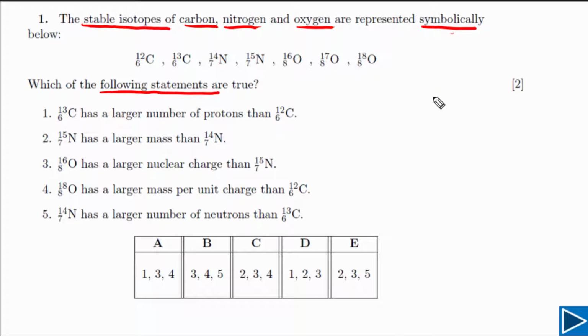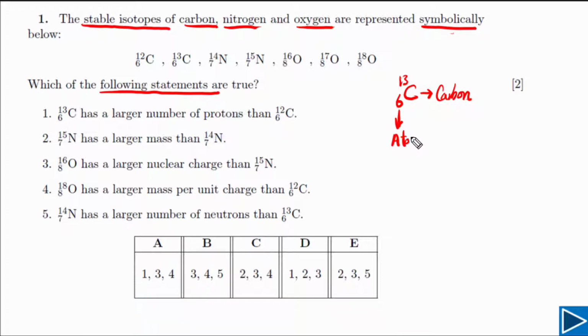In order to answer this question, we need to understand what these symbols are telling us. If we look at the symbol of carbon 13, C is the symbol for carbon. So C is telling us this is the nucleus of carbon, and 6 is the atomic number.